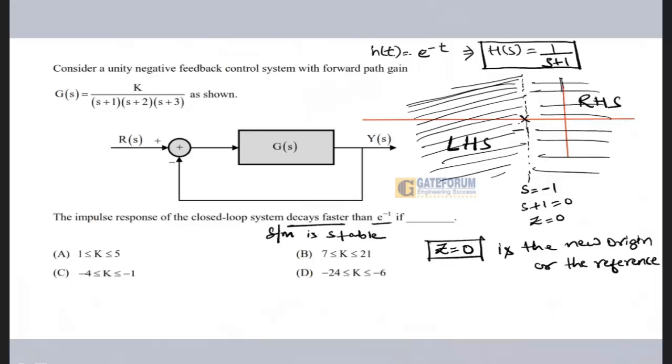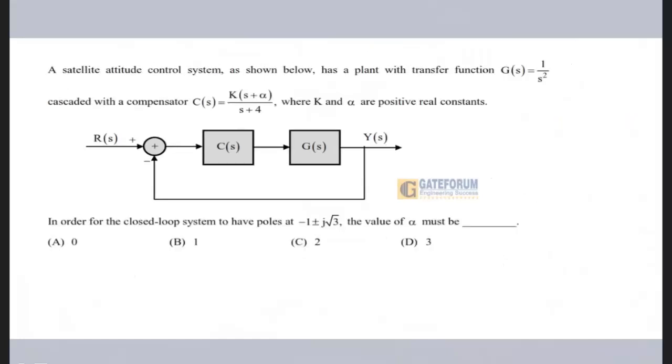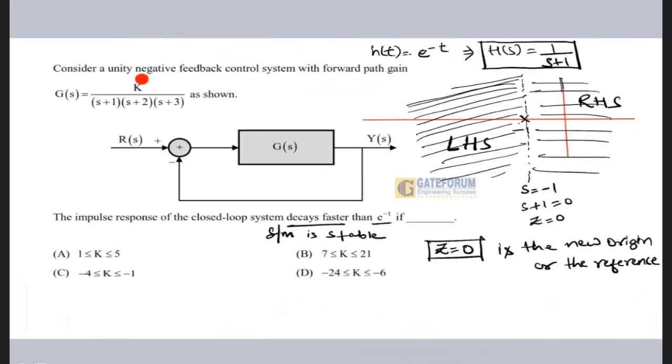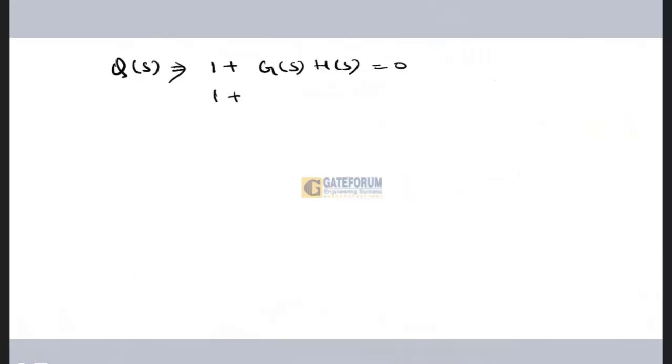So let me do this in the next page. So here Q(s) will be equal to 1 plus G(s)H(s). I'm finding out the characteristic equation. So 1 plus, what is the function? K by (s plus 1)(s plus 2)(s plus 3) should be equal to 0.